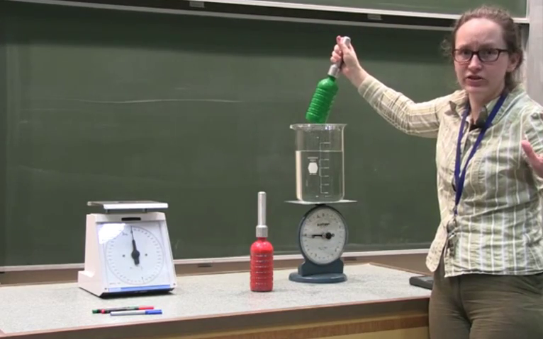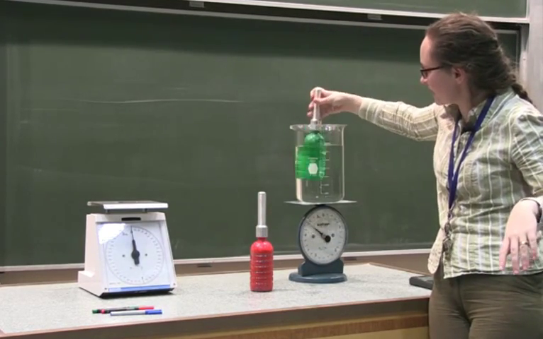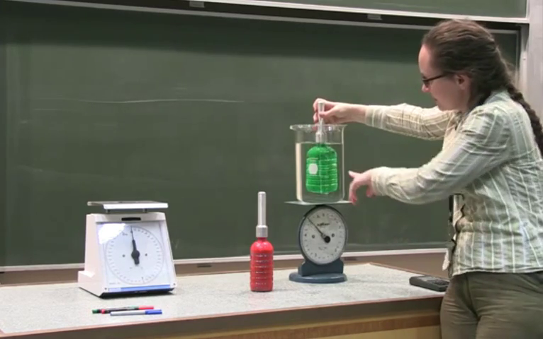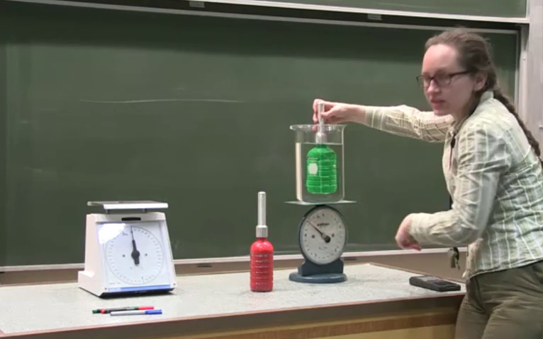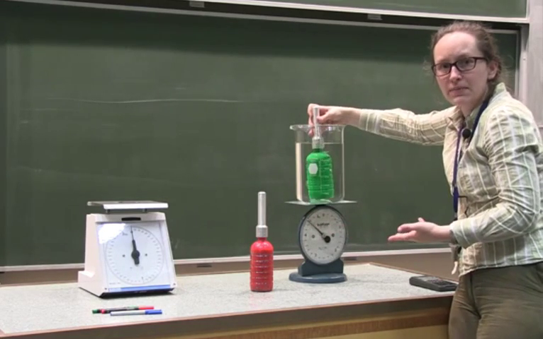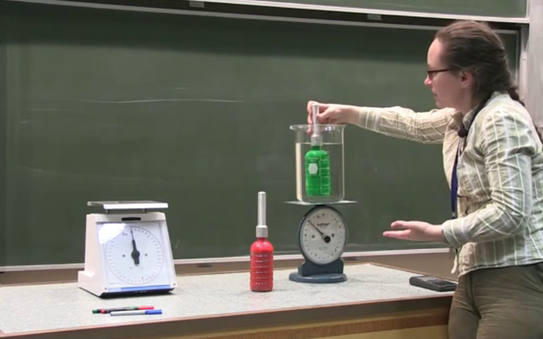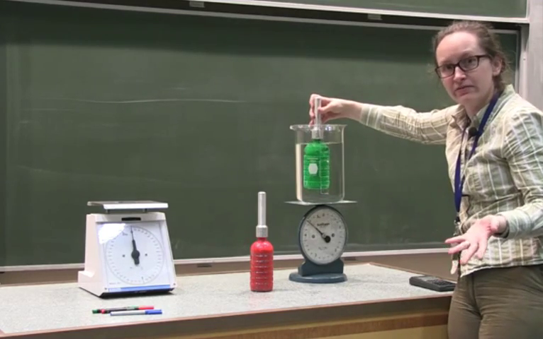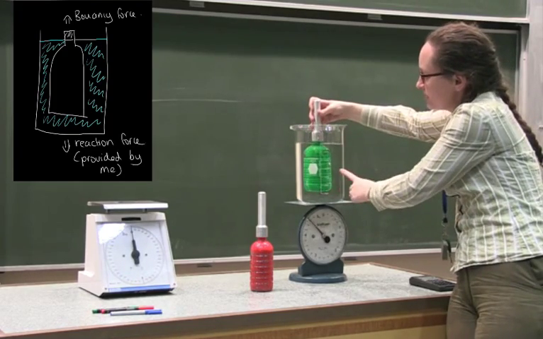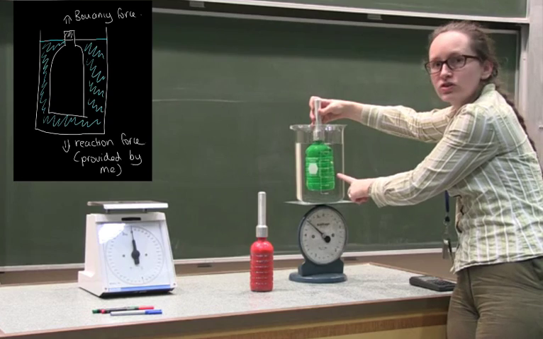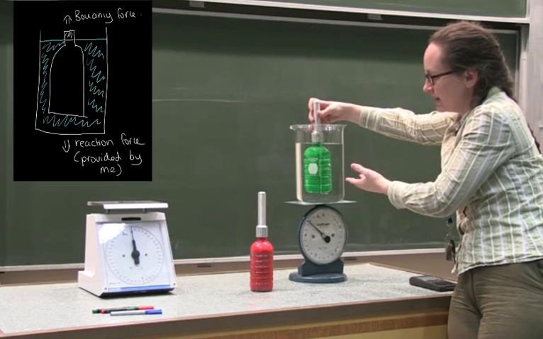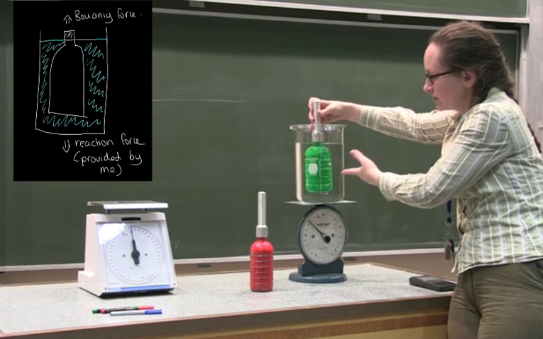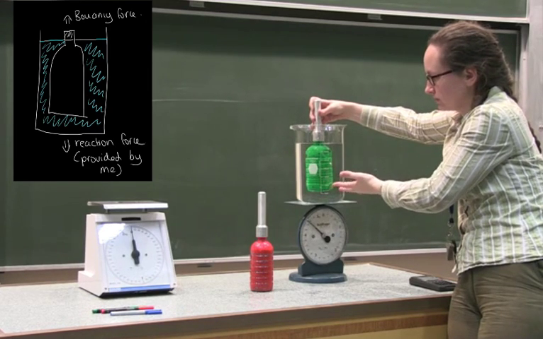Now one other interesting thing to note is that when we submerge this, the volume increases by 600 millilitres, but the mass on the scale also goes up by 600 grams. Now this is actually because of a reaction force. This water is providing a buoyancy force to the bottle. So the buoyancy force provided on the bottle is the weight of the bottle times the volume.